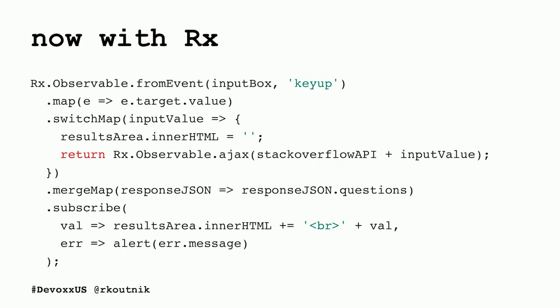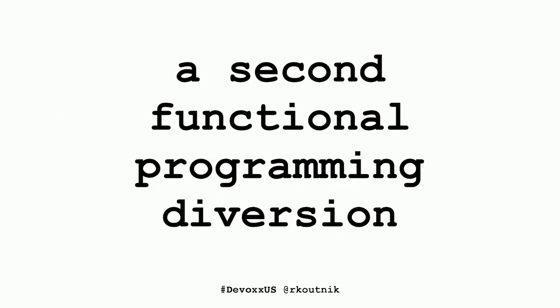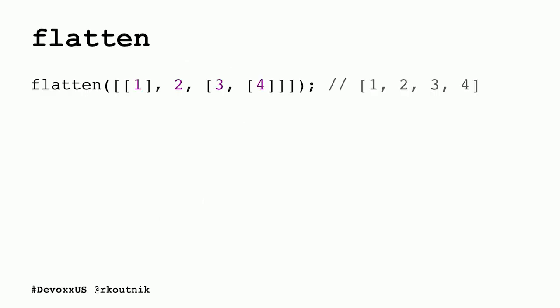So about that switch in MergeMap. We're going to dip a second toe into functional programming for a second and talk about flatten. And flatten means take a collection that has collections of collections of collections and unpack it. Now, sometimes flatten, as in this case, unpacks it as much as possible.